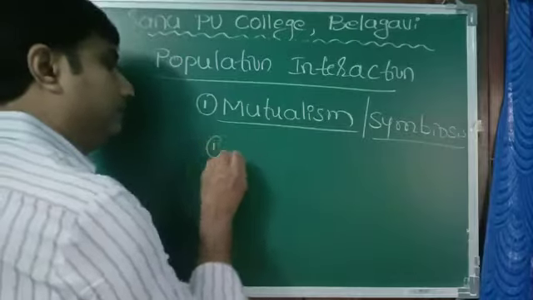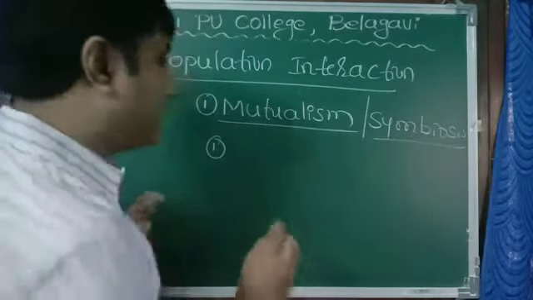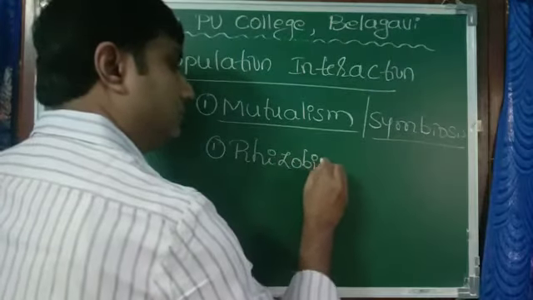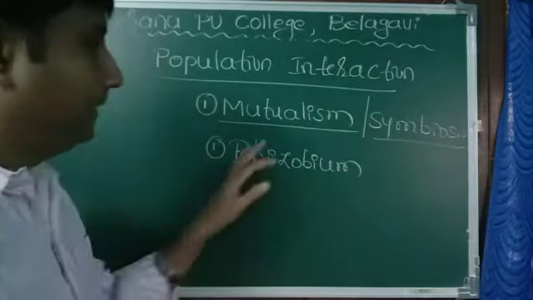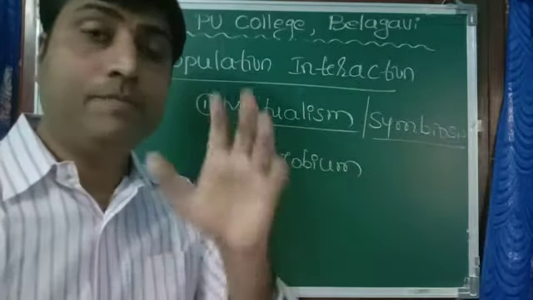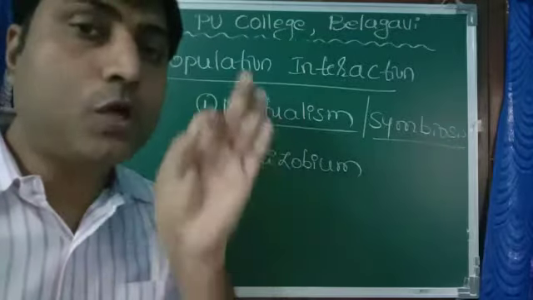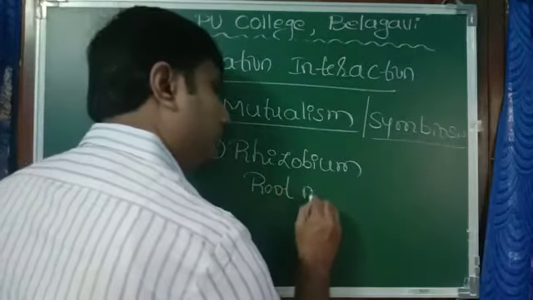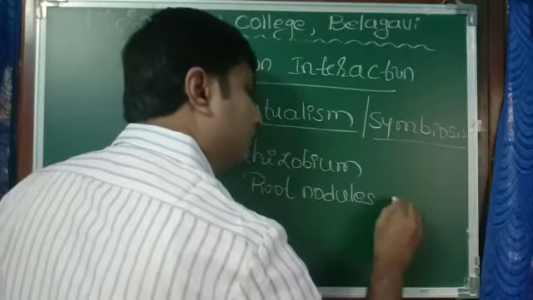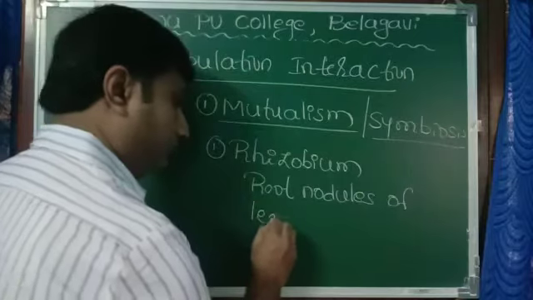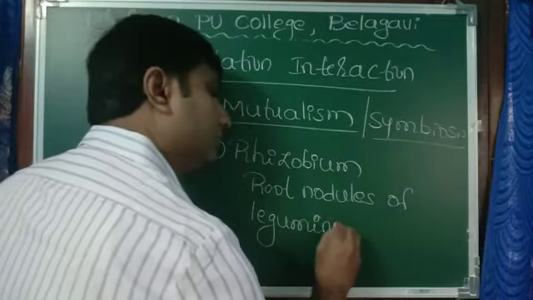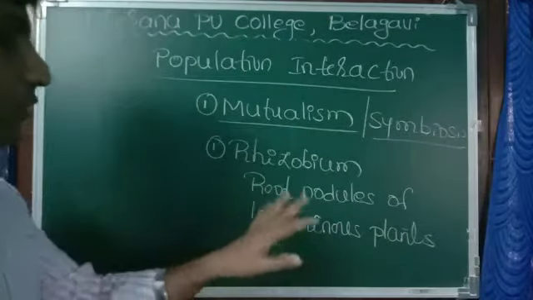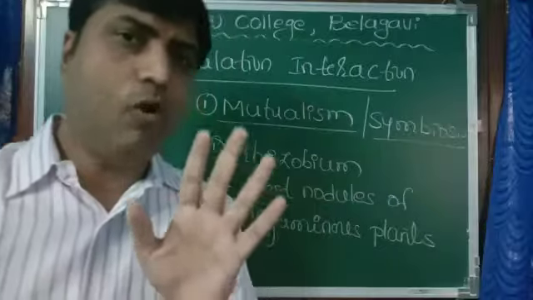One is a bacterium called rhizobium. This bacterium lives in the root nodules of leguminous plants. What do they do there?